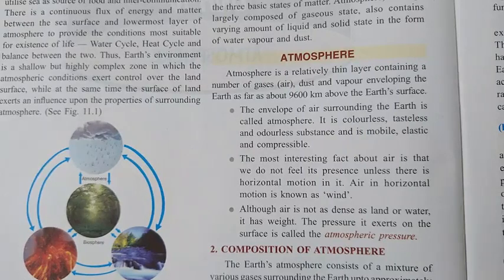Well, the atmosphere is a very thin layer containing a number of gases. Besides all these gases, dust is also found. This dust, which is mixed with the air in the atmosphere, we also call SOM, that is solid organic matter, in short form.